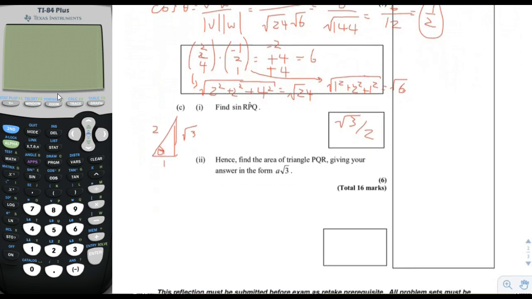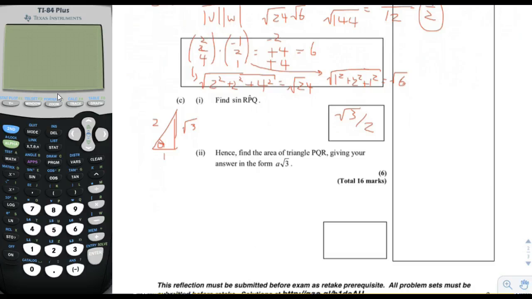Hence, find the area of the triangle PQR, giving your answer in the form a times square root of 3. Well, it's a good thing we kept it in the form square root of 3 because that will make this easier.